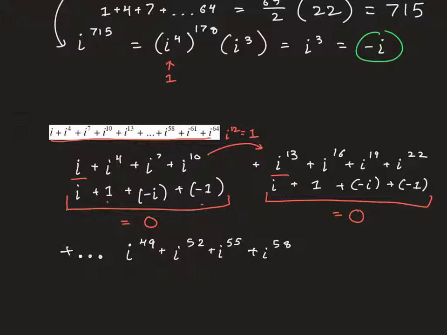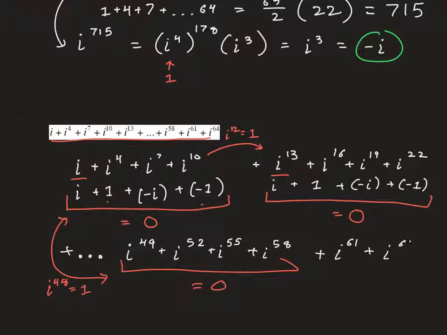And this, again, sums to 0 because you multiply each term by I raised to the power 48, which is also equal to 1. So you get all of that, and then the last two terms are still I raised to the power 61 and I raised to the power 64.